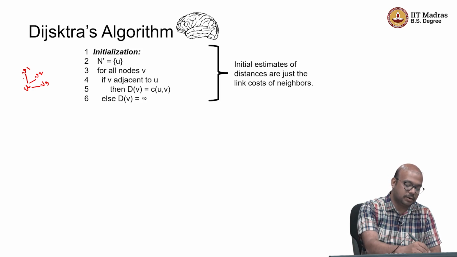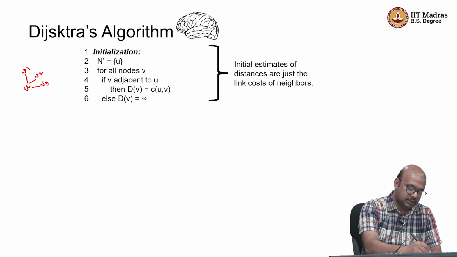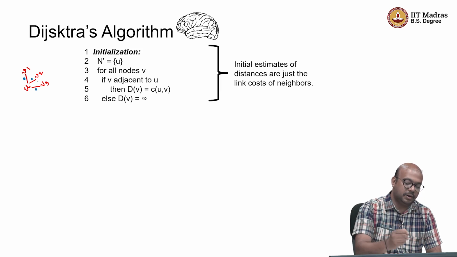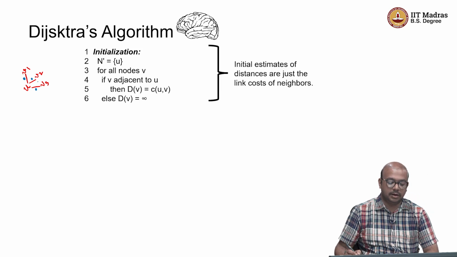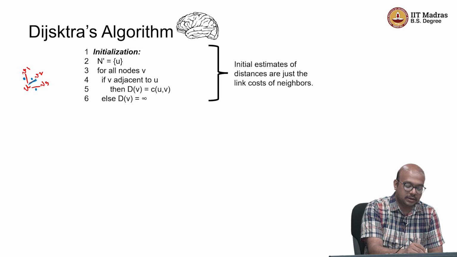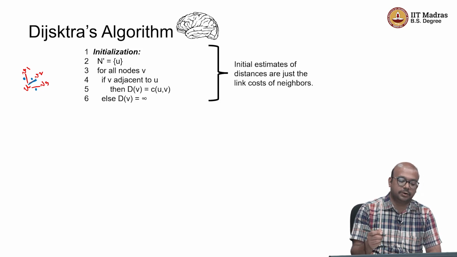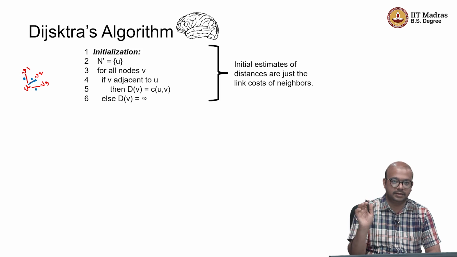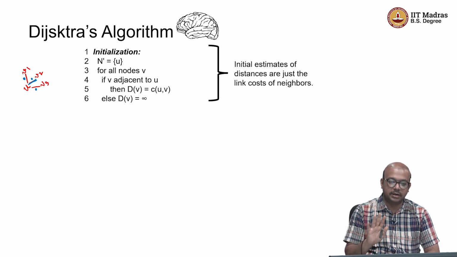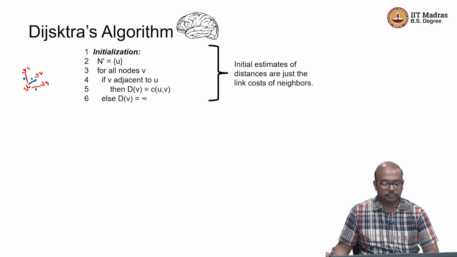So, there is one cost here, some cost, here you have some cost, here also you have some cost, but these are not guaranteed to be the minimal cost, right. In order to reach v2, this may not be the shortest path. Okay. There might be an alternate shortest path, which is either through v1 or v3, you do not know. At this point, this is your initialization and this is your best guess.